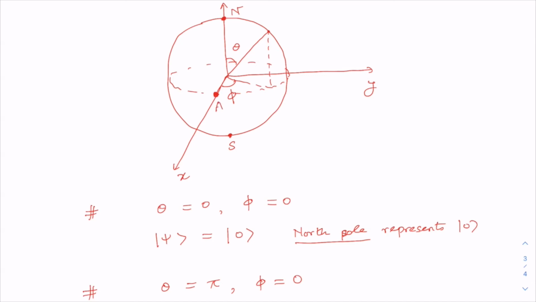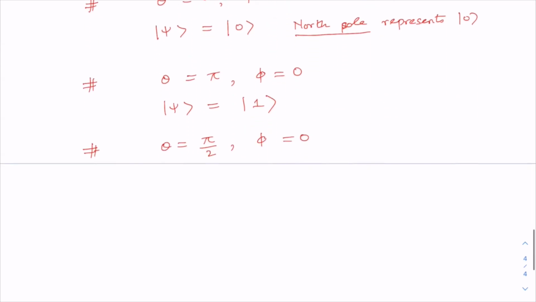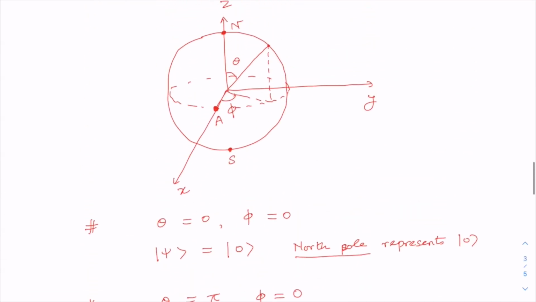Let us say this is point A, and this point corresponds to the state ket psi, a superposition state, then you can immediately verify this will be 1 by root 2 (ket 0 plus ket 1). So every point on the Bloch sphere represents a unique pure quantum state in the two-dimensional Hilbert space.